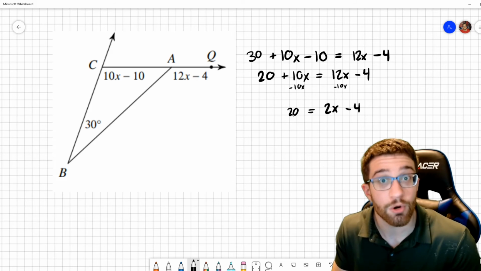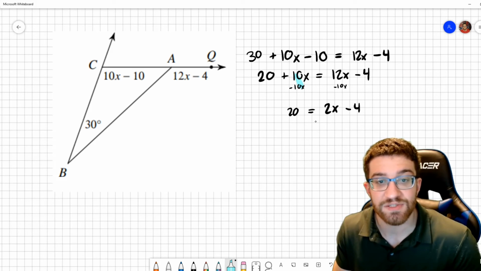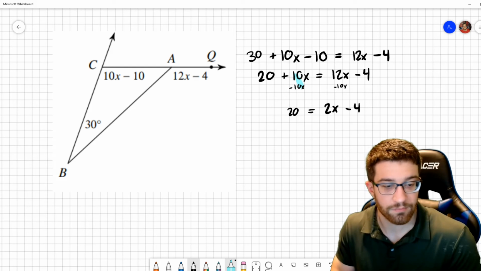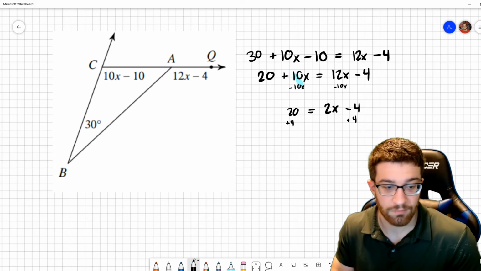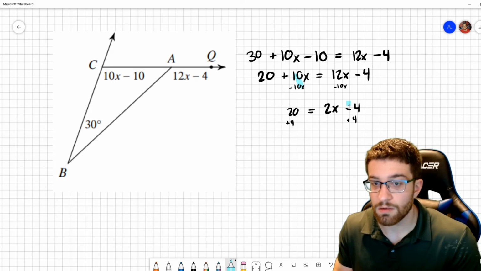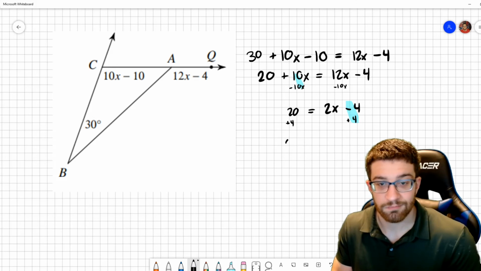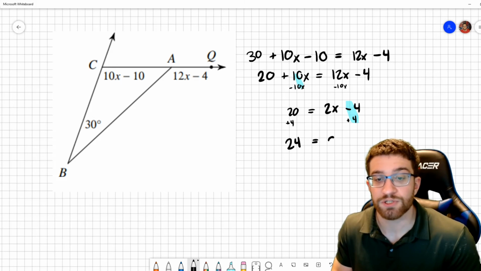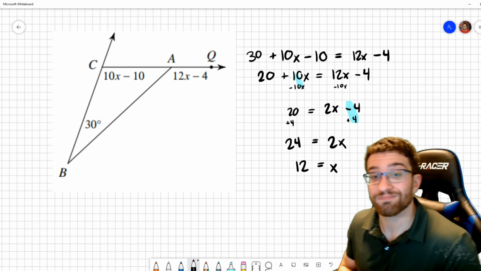Remember, we have to do some zero pairs, because the zero pairs, such as 10x and negative 10x, those cancel out. Negative 4 cancels positive 4. And if 24 is equal to 2x, then 1x is equal to 12. And that is the value of x.